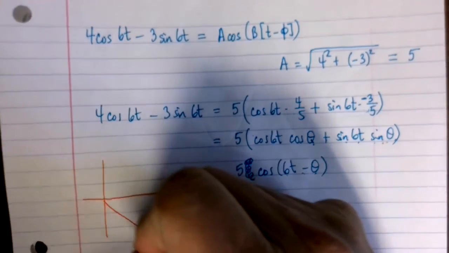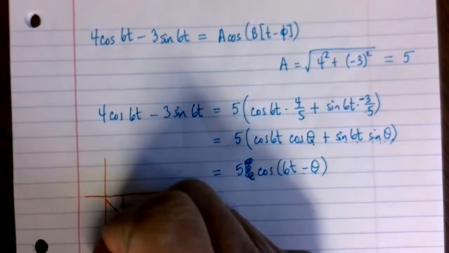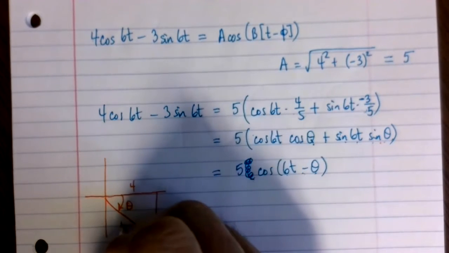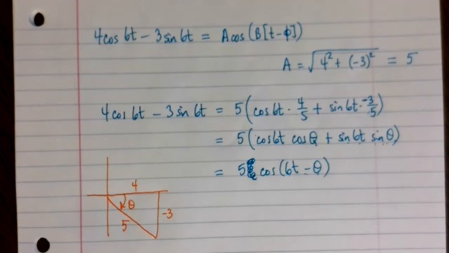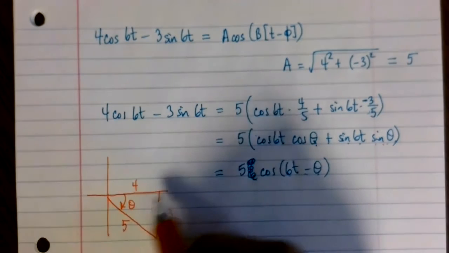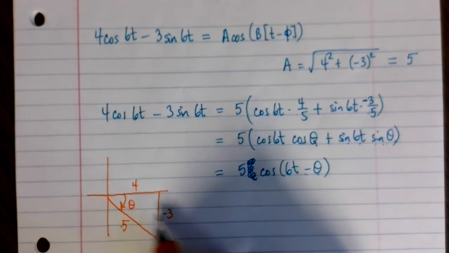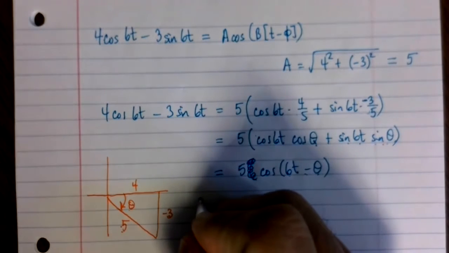And so the picture will be down here in the 4th quadrant. So there's 4, there's negative 3, and there's the 5 that I found earlier. For this picture, the cosine of this angle would be 4/5, and the sine of this angle would be negative 3/5.